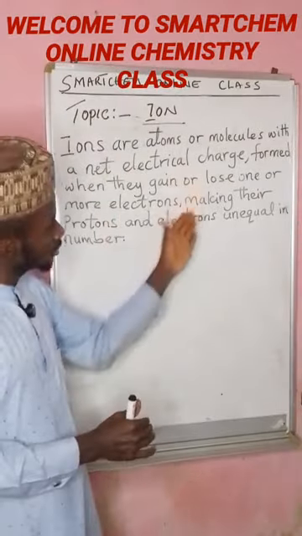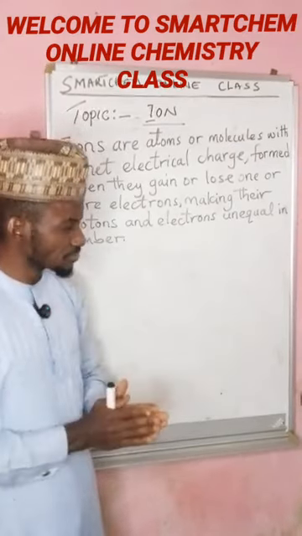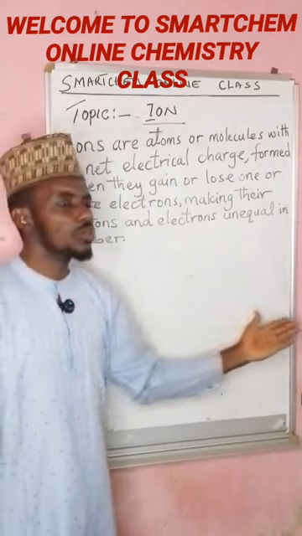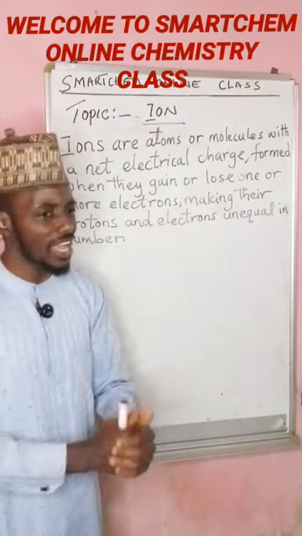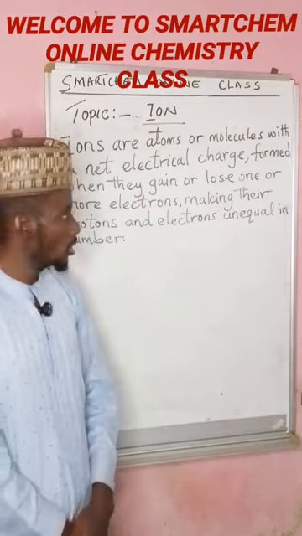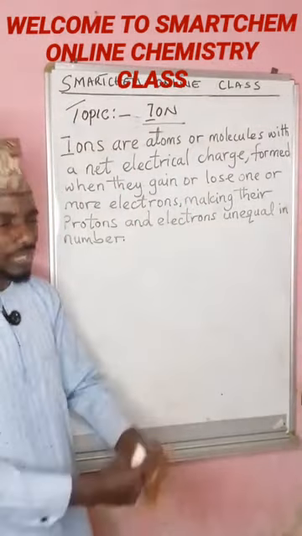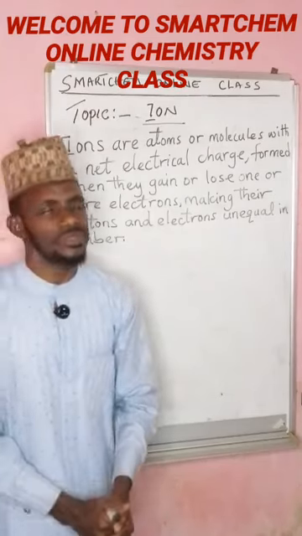So when we look at this definition, this is a precise definition of an ion because it brings out almost all the properties of an ion, all the features, how you can be able to identify an ion. So let's go gradually to the definition and see how we can bring out the features of these ions.